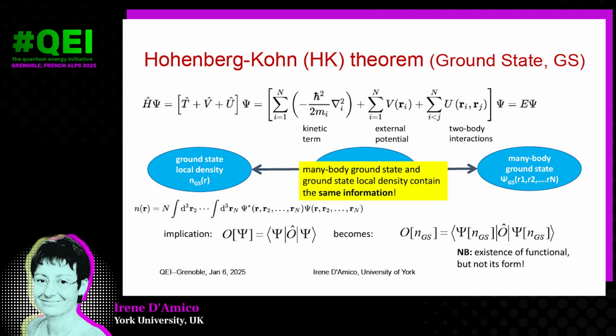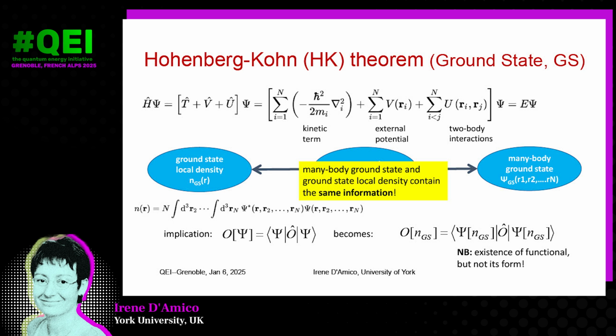Which means, in particular, that if I have observables, so the mean value of a certain operator over the ground state, which are in general a functional of the many-body ground state, I can actually rewrite them as a functional of a much simpler object, that is the ground state local density.